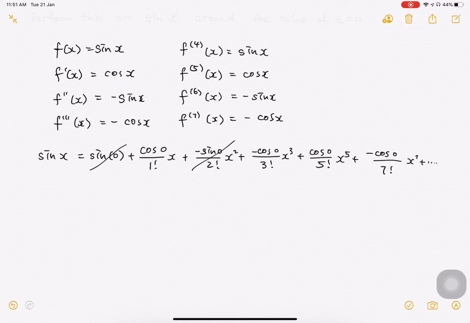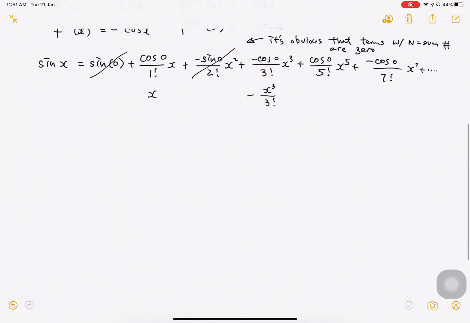And then we know that the even terms, it's obvious that terms with n equal to an even number are 0. So what we have left is that this equals x here, and then this is x to the power 3.